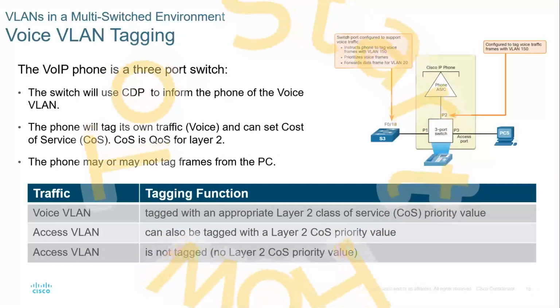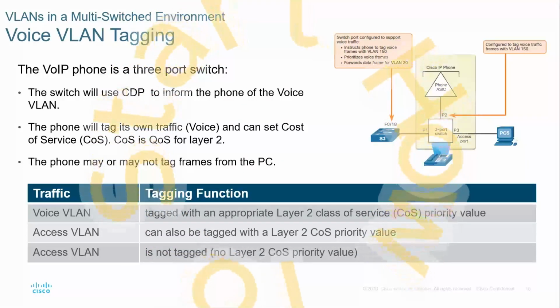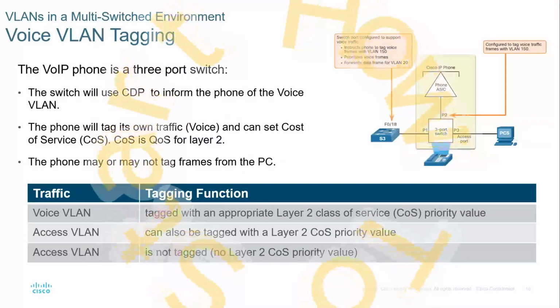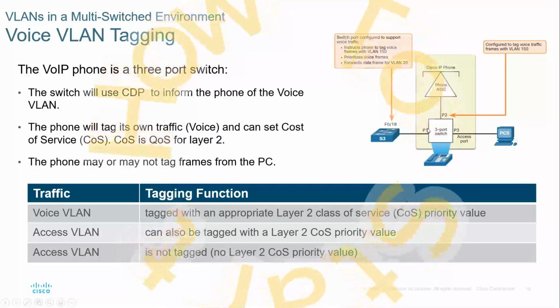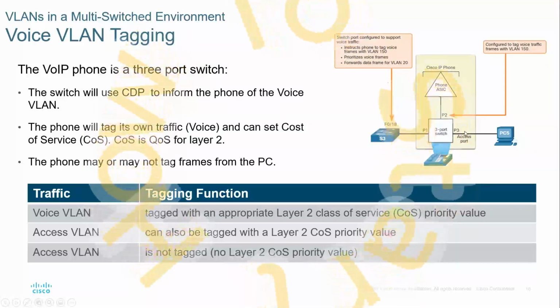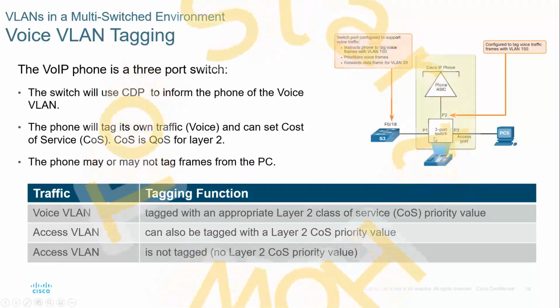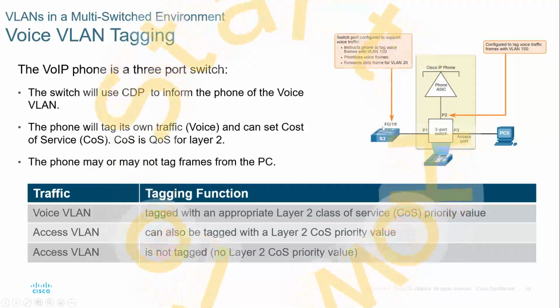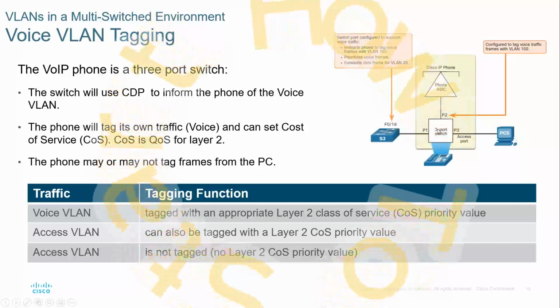The phone may also tag or untag data from the computer. The ports in the phone will act as a switch. So it will give an access port to the computer that will be allowed to be a bypass. So between this switch and the phone, this is not a trunk anymore.